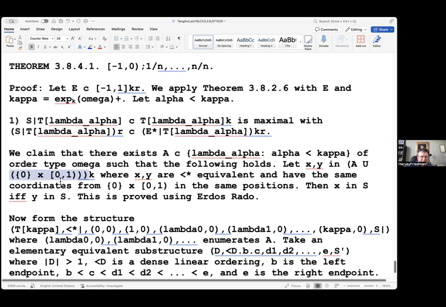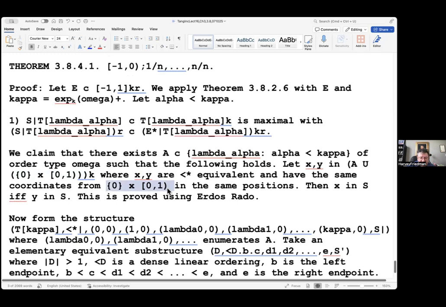You see, we're only going to use parameters way below. We can get away with just using these because of the gap, the gap between 0 and 1 over n.